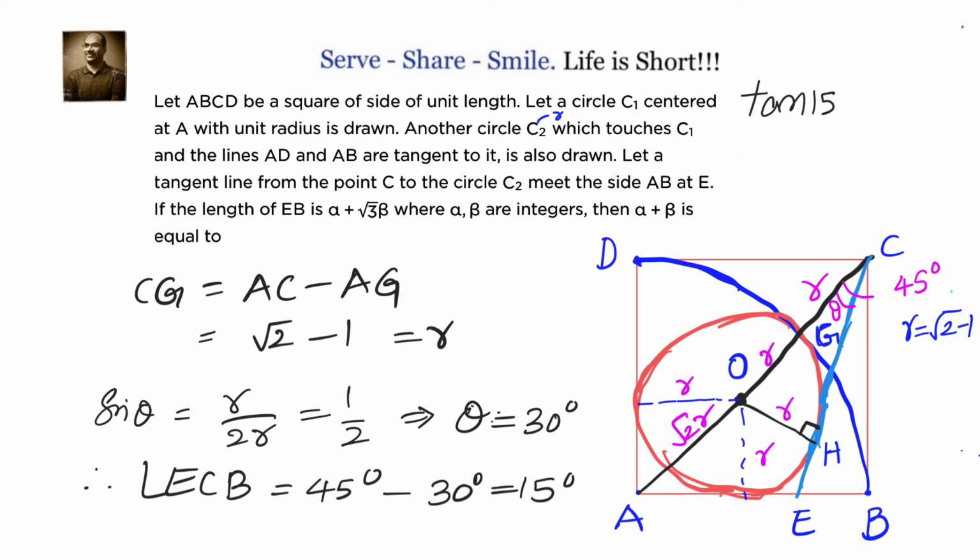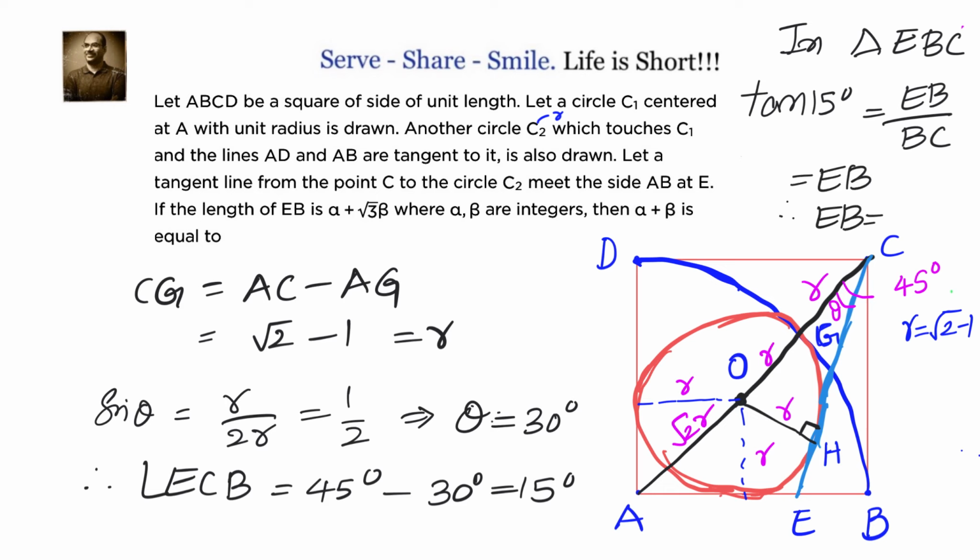Now what we need to find out is EB. So for that we'll take the triangle EBC, which is a right angle triangle, because angle B is 90 degrees. There tan 15 degrees is equal to opposite by adjacent, which is EB by BC. But we know BC equals 1 since the square side is 1.